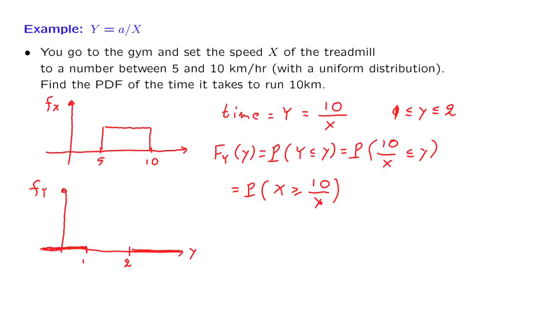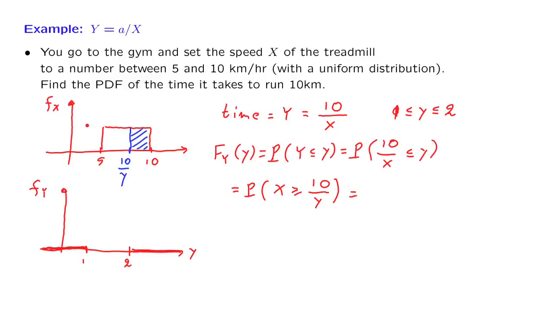Now, y is between 1 and 2. 10 over y is going to be a number between 5 and 10. So 10 over y is going to be somewhere in this range. We're interested in the probability that x is larger than or equal to that number. And this probability is going to be the area of this rectangle here. And the area of that rectangle is equal to the height of the rectangle.